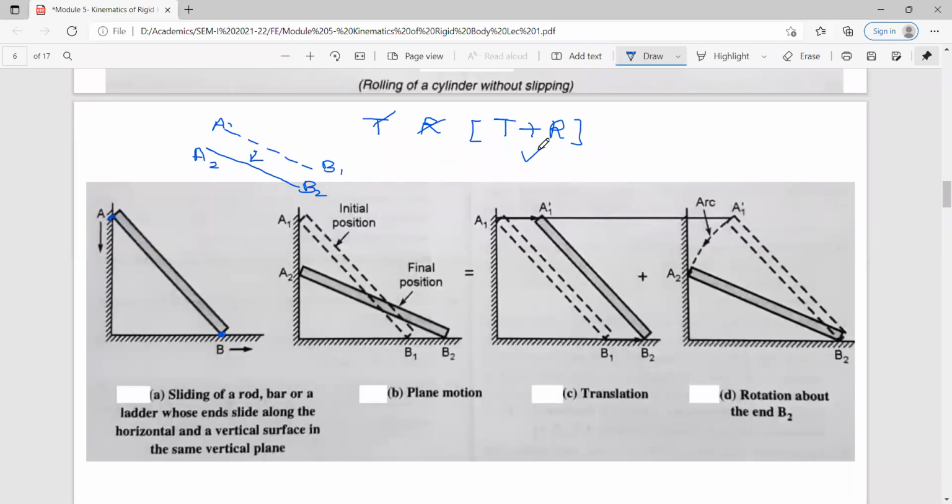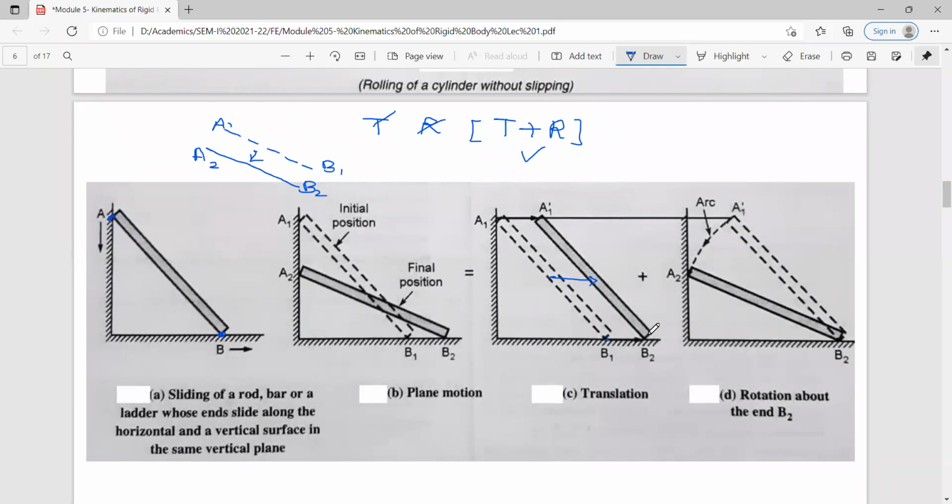If somebody wants to divide the motion into two components, it can be divided like this. First, pull the ladder to the next position, meaning drag the ladder from point B1 to the B2 position. So its next stage is A1 dash B2.